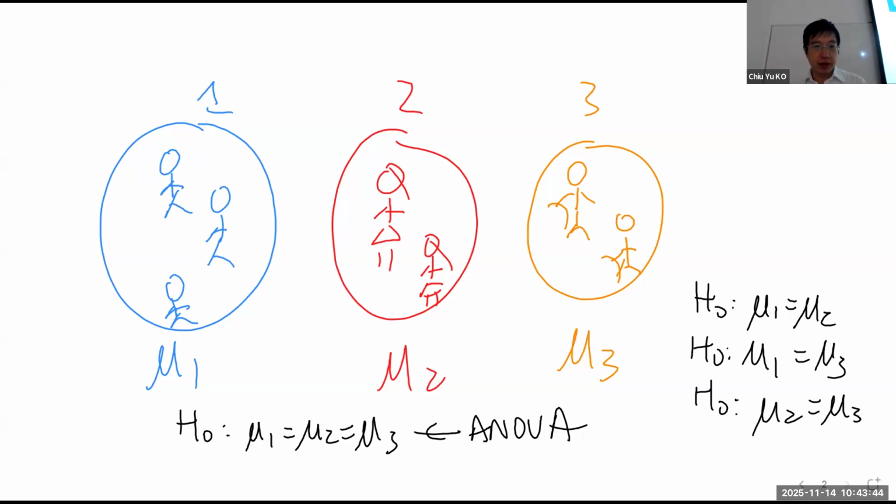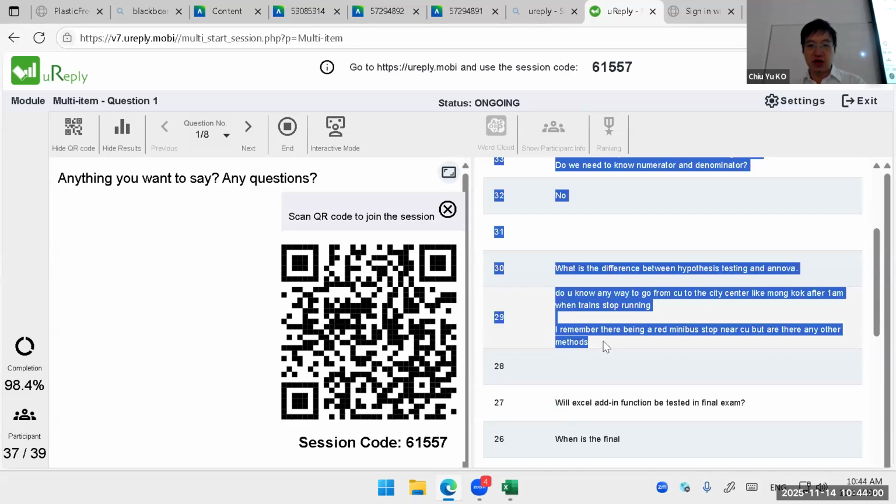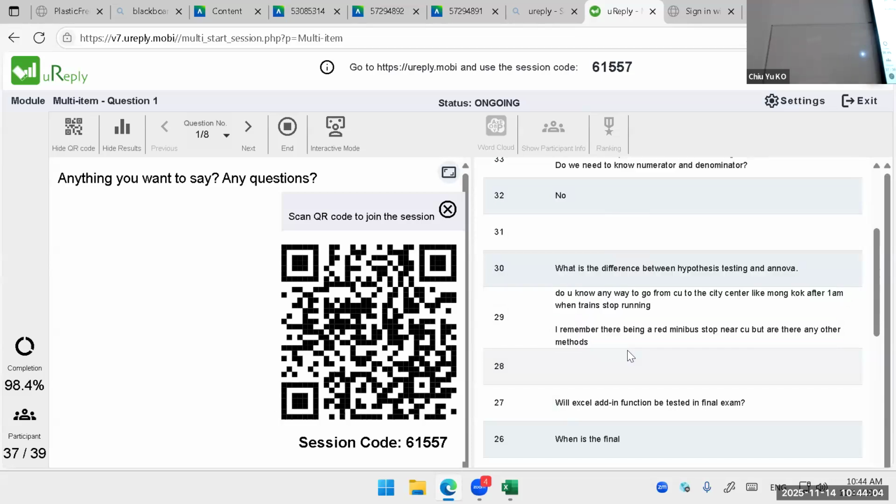So let me go back to the question we have. Very good, you asked. Do you know any way to go from CU to the city center like Mongkok after one? Oh, yeah, that's true. That's what I did when I was a student here. Actually, I was a student here for 3 years undergrad and 2 years master's degree, and at night we would go to eat in Mongkok and take the minibus back, right?